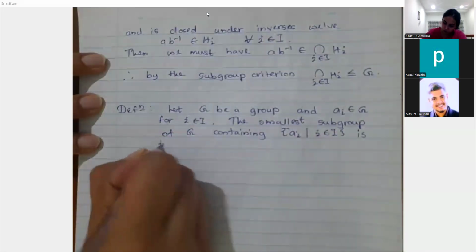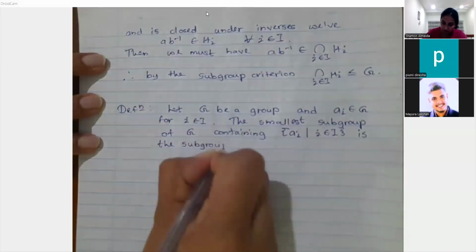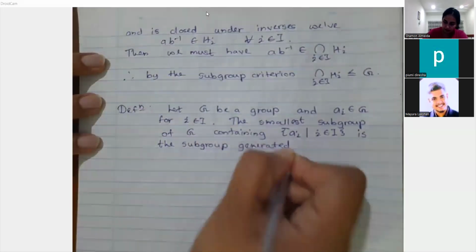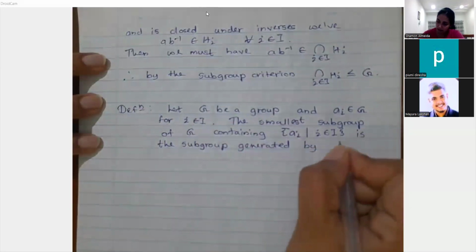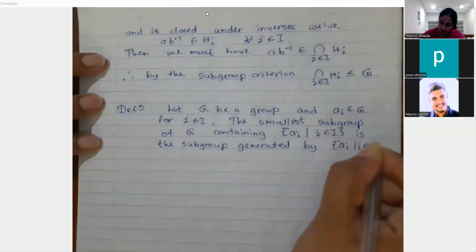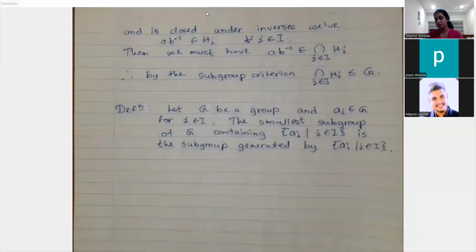is the subgroup generated by these elements a_i. We are simply extending the definition of a generating set with one element, right?